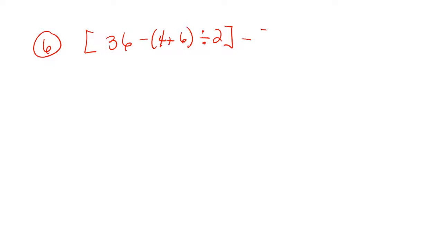Number 6 is another order of operations agreement problem, and it has both parentheses and brackets. So be very careful. Let me jot this down for us. If we work inside the parentheses, 4 plus 6 is 10.